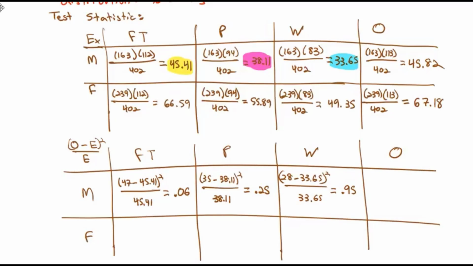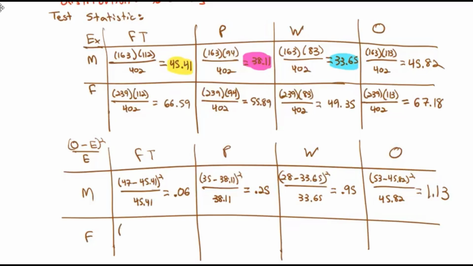And we'll keep going with all of our remaining cells. For the omelets, we observed 53. We expected 45.82. 53 minus 45.82 squared divided by the expected 45.82. That equals 1.13.